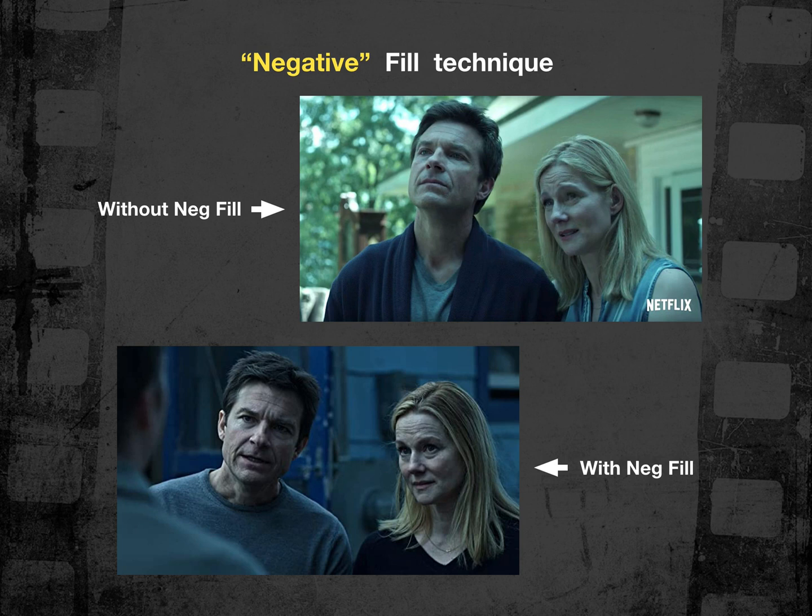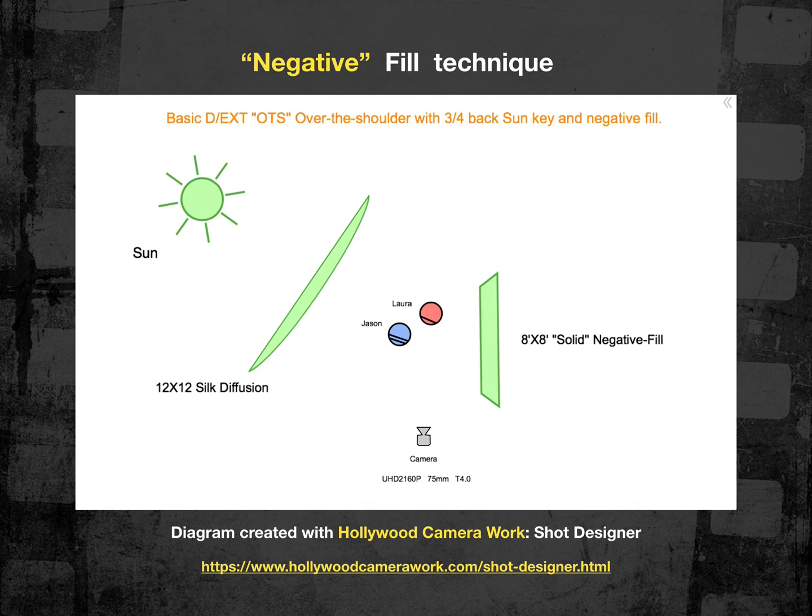You can see with a little bit of color correction to cool the image down and the addition of those deeper, darker shadows from the negative fill, it has a totally different tone. This is Marty and his wife in the show. You have a definitely different feeling about this couple in the bottom image than you do about them in the top image, right? So here's how you would achieve it, right?